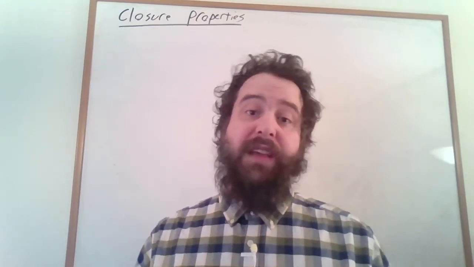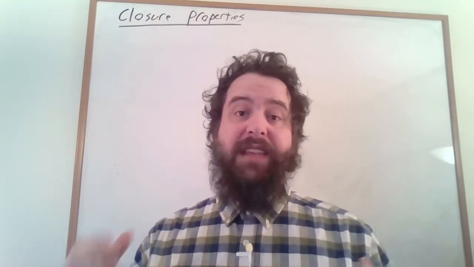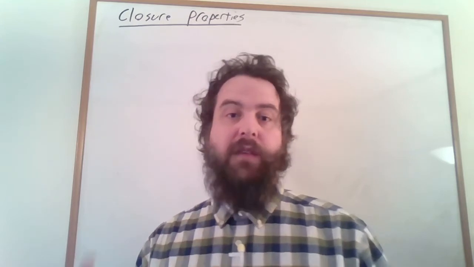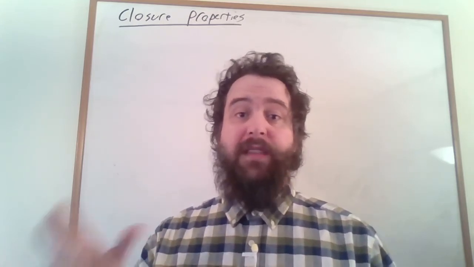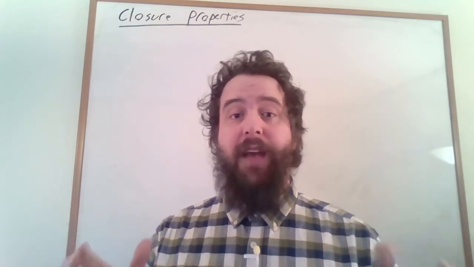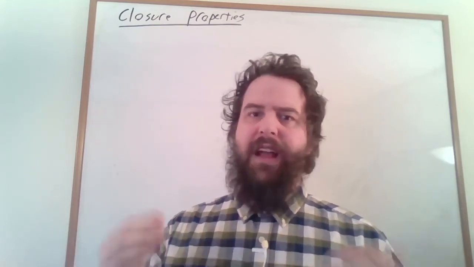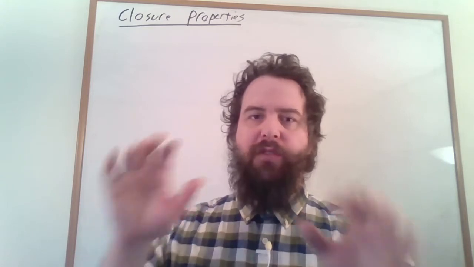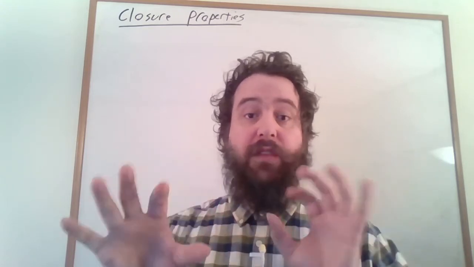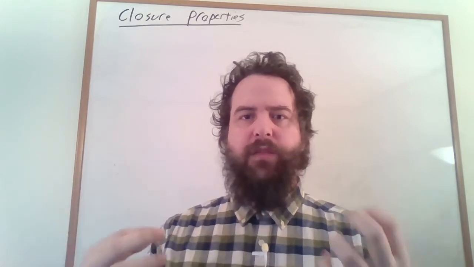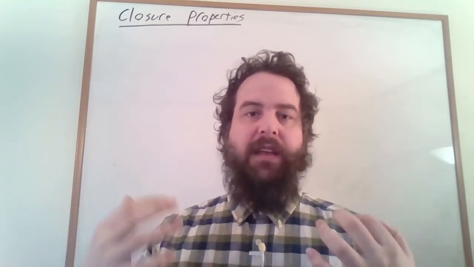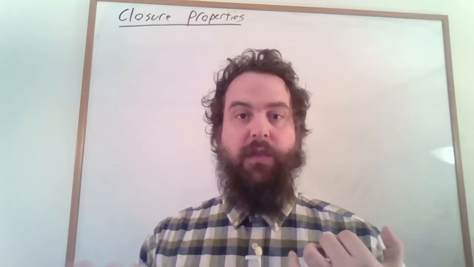And one of the things that I'd like to stress in this video is that different perspectives on the regular languages are going to make these closure properties either much more or much less obvious. For instance, it's not obvious to me if I have two regular expressions defining two regular languages, how I could construct a regular expression defining the intersection of those two languages.